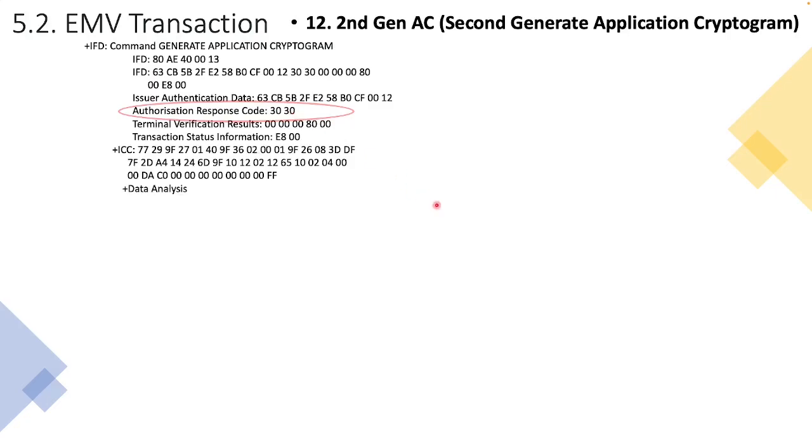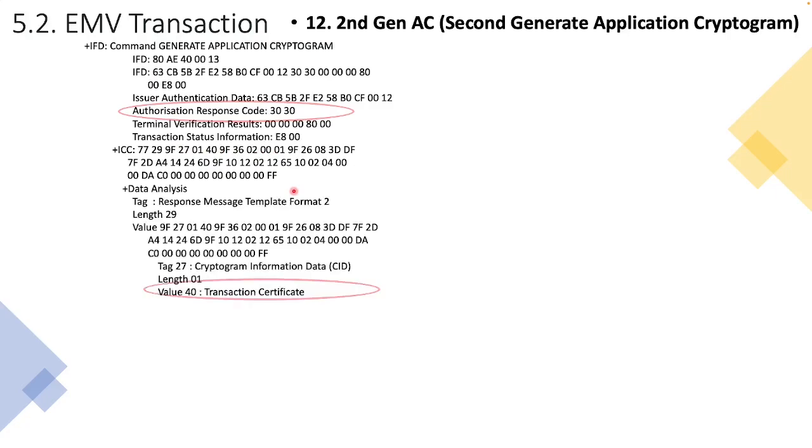Okay, and obviously there's some other EMV data in there. The card now responds to the terminal like this in second gen AC. You'll see that there are multiple tags included here. But if I expand this a bit further and analyze what's given there, what you want to see is this value of 9F270140, right?